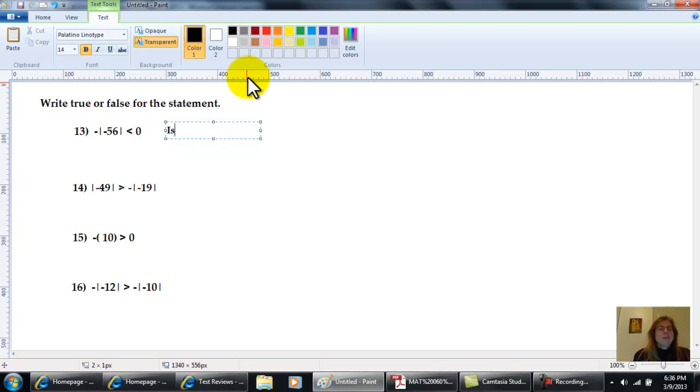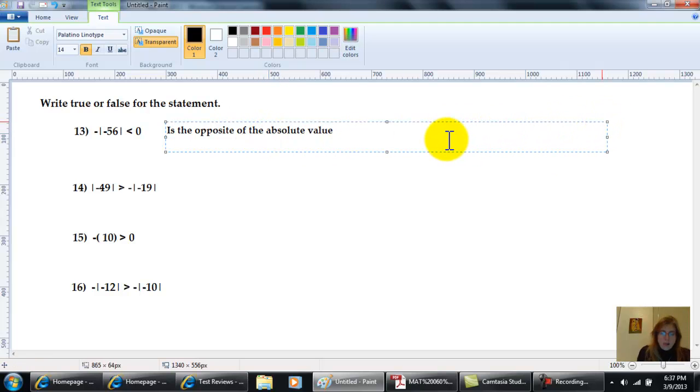They're asking, is the opposite of, and that's that first negative sign there, is the opposite of, and then we're going to interpret this piece, the absolute value of negative 56 less than 0.